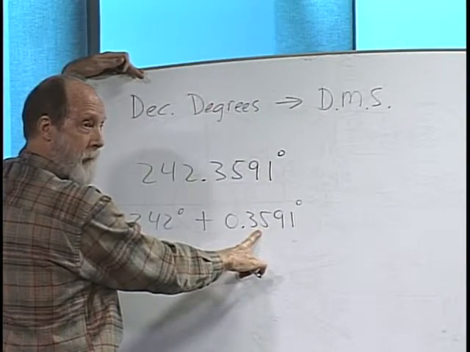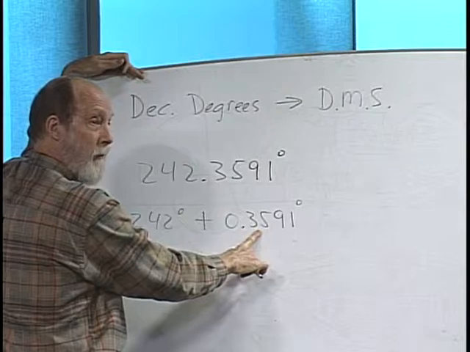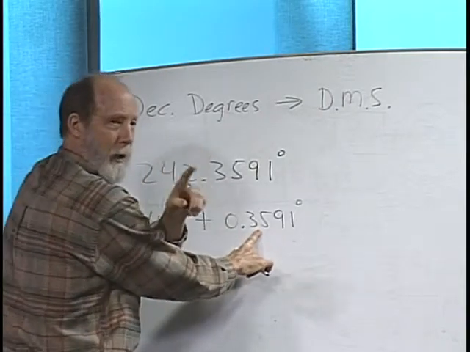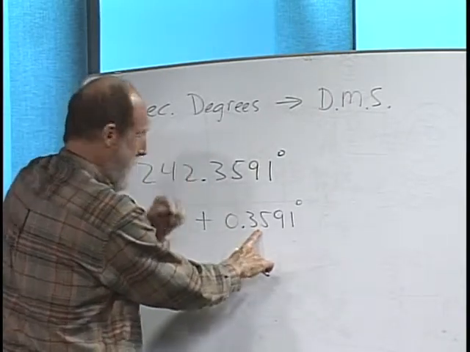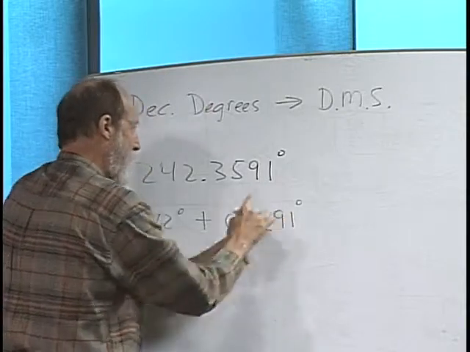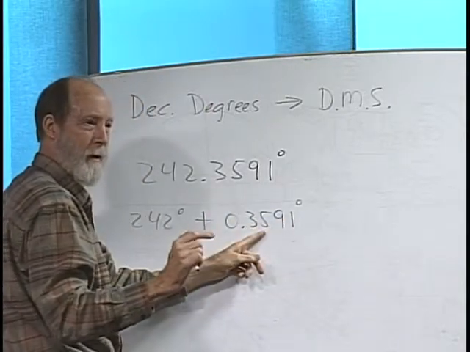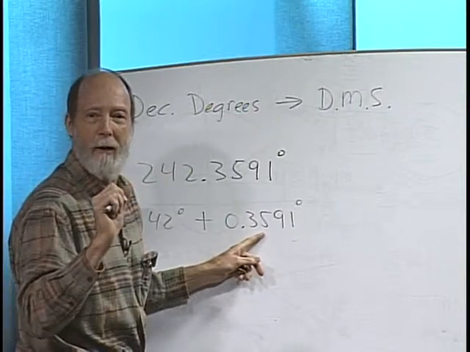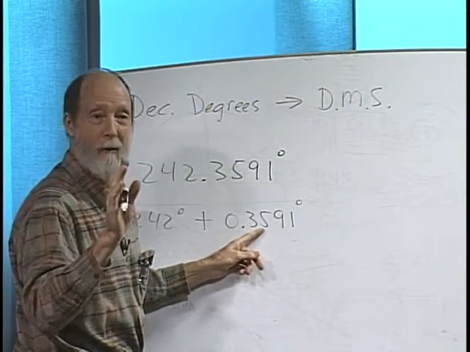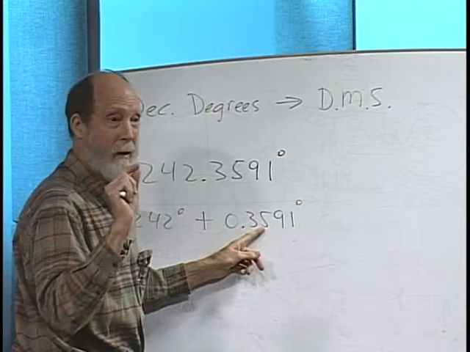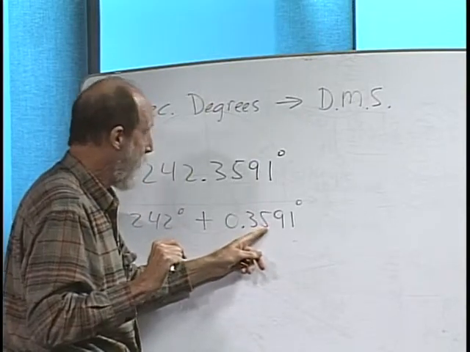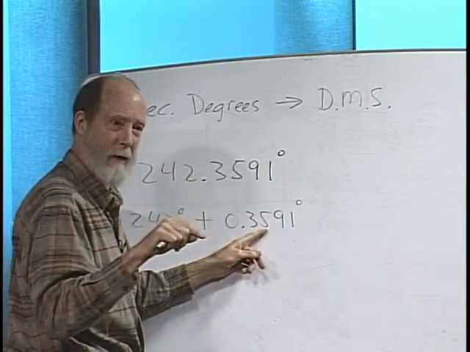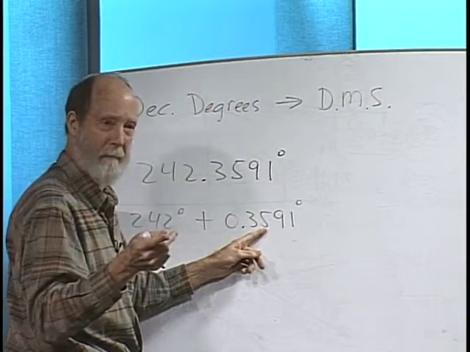Always use your brain and not just your calculator. Now you know a degree has how many minutes in it, a whole degree? 60 minutes, right? So this is going to be more than 1/3 of 60, which would be more than 20.